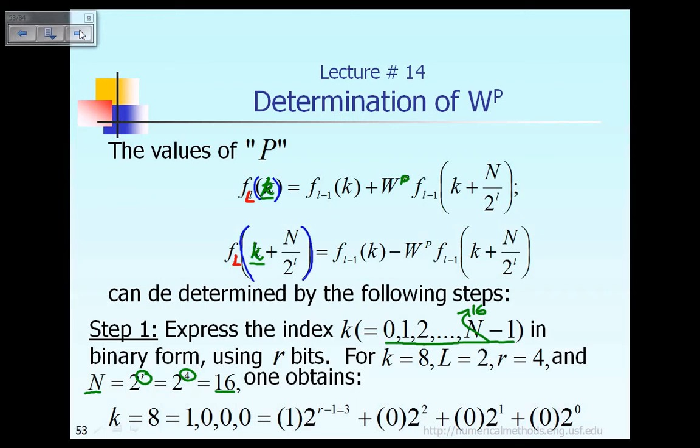So basically, the companion node of node k is node k plus the distance N divided by 2 to the power L. So node k and node k plus N divided by 2 to the power L, we call them two companion nodes.